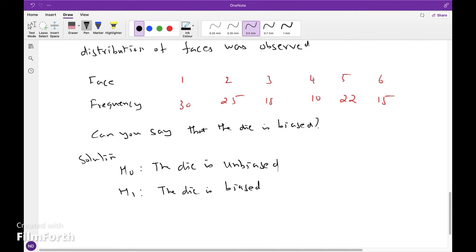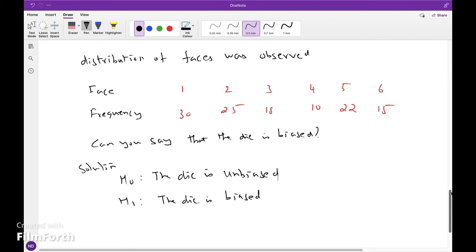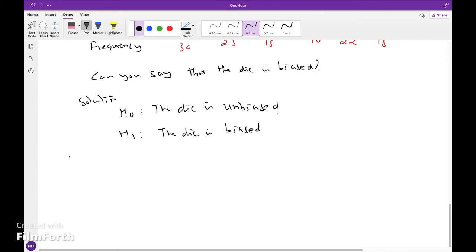On the assumption of H0, the expected frequency for each face, for 120 throws, is 120 into 1 by 6, that is 20.